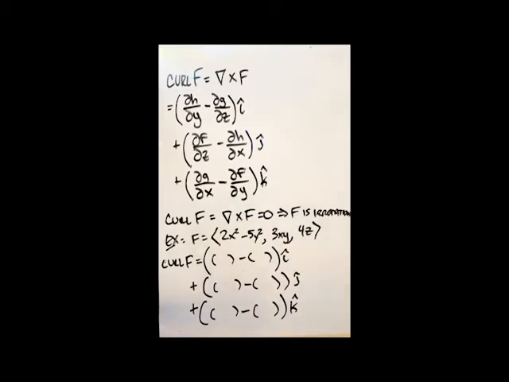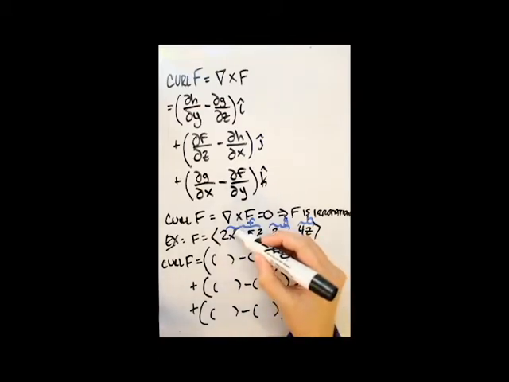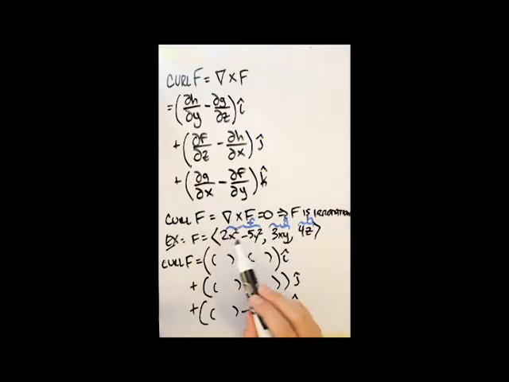So let me identify really quick for you what's f, g, and h. Right here, this is going to be f, this is g, and this is h. Let's make sure you can see this squared value here. Okay. So we have the partial derivative of h with respect to y.